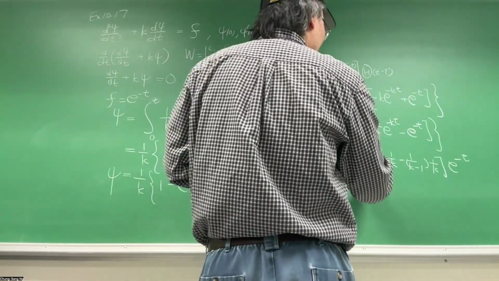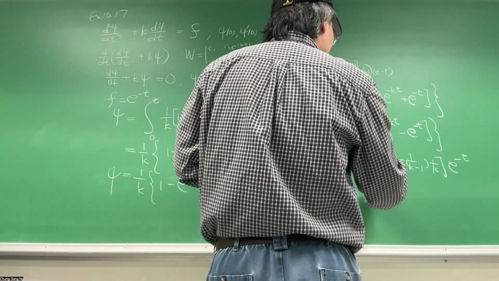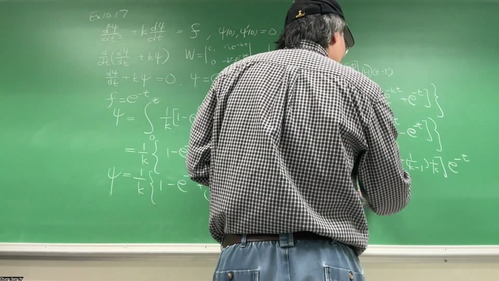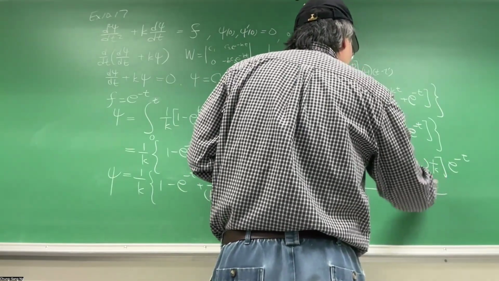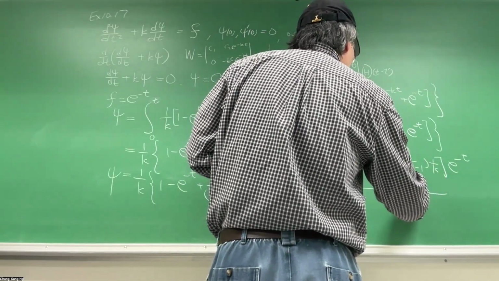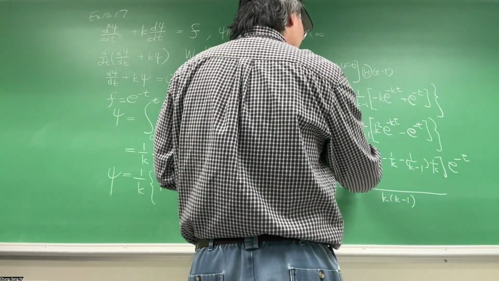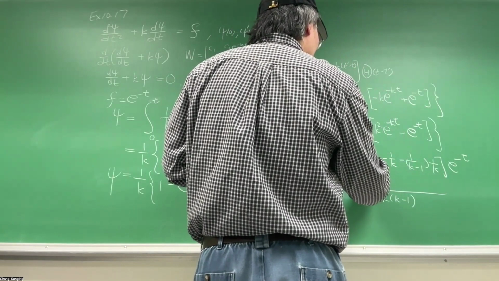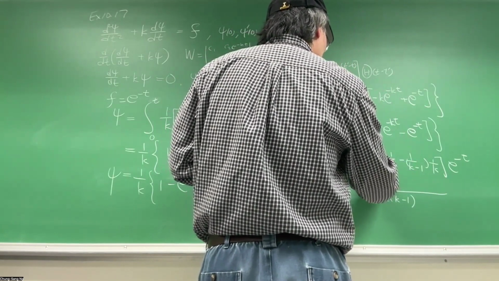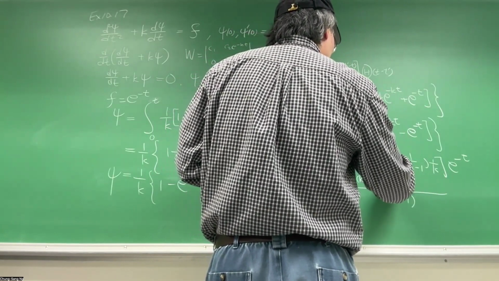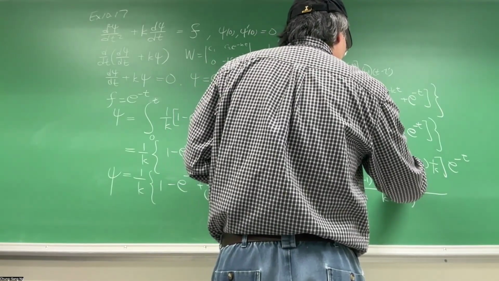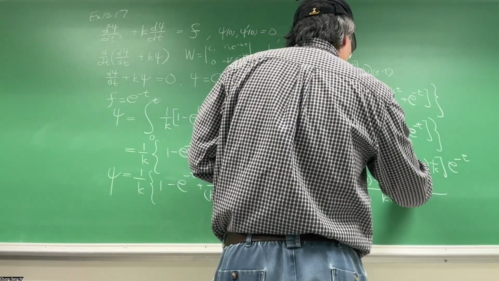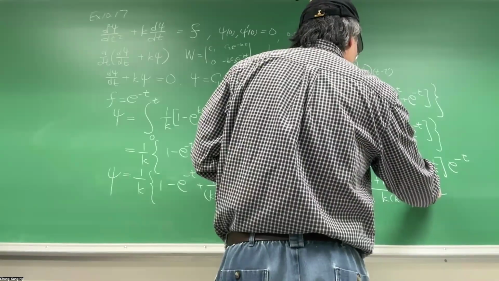And now you try to simplify that. The 4 terms are k minus 1 plus k minus k plus 1 minus 1.